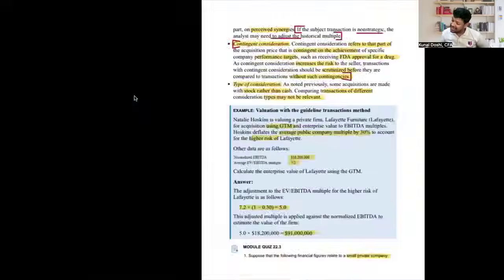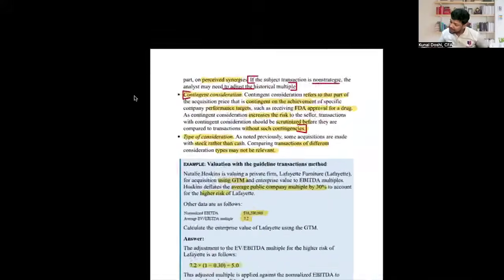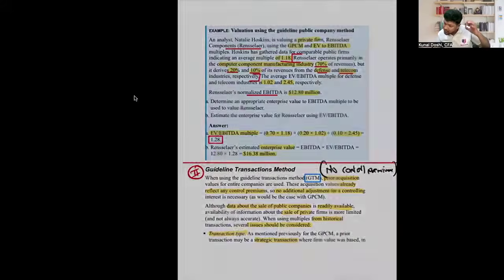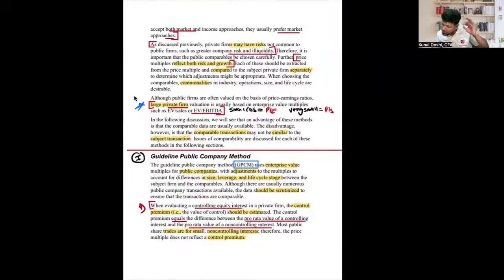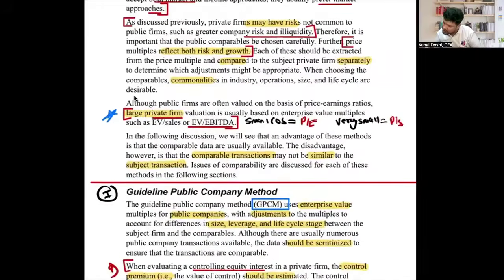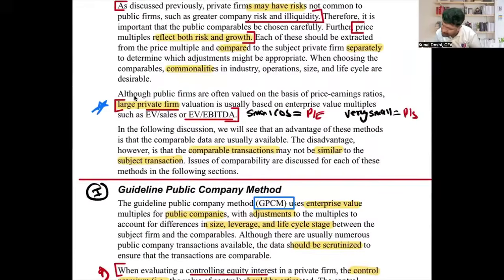Here they have mentioned that if the company is relatively small in size, then you can use a PE approach. If it is very small, then you can use price to sales, because then the earnings are very volatile. But if it's a large private company, then you use the EV EBITDA approach.